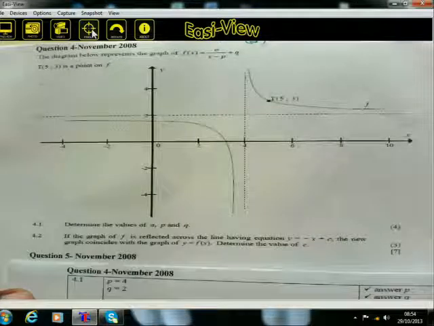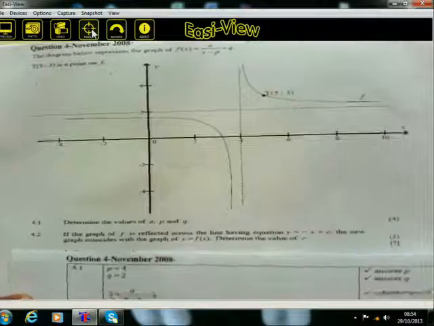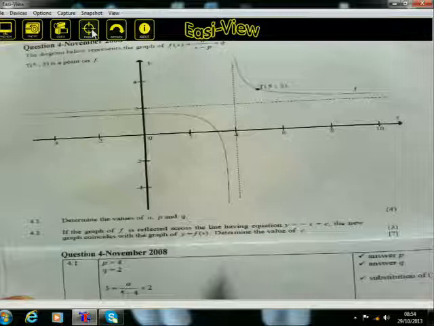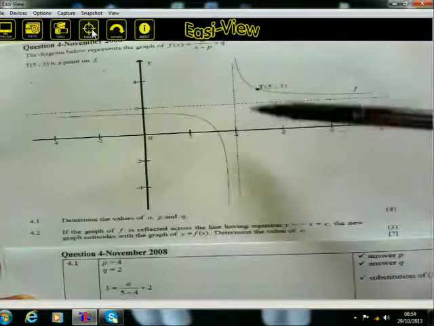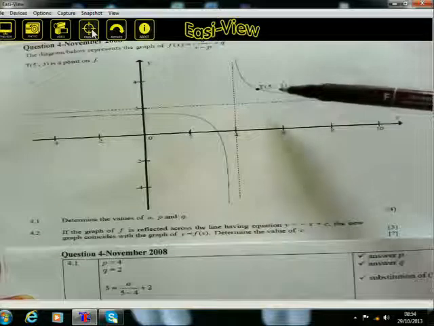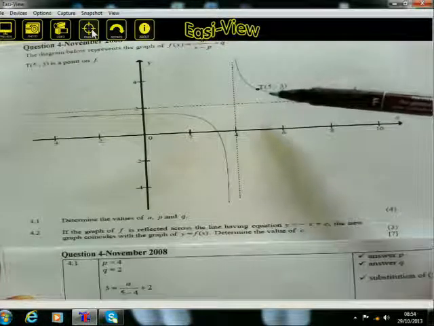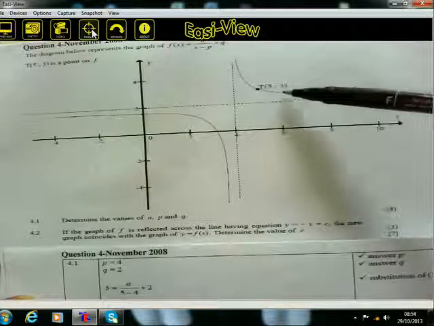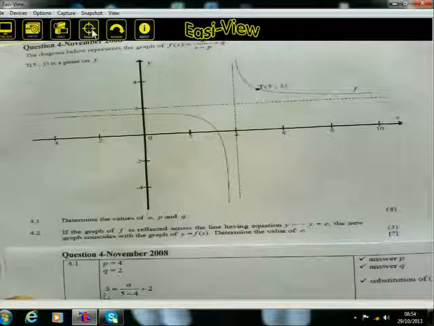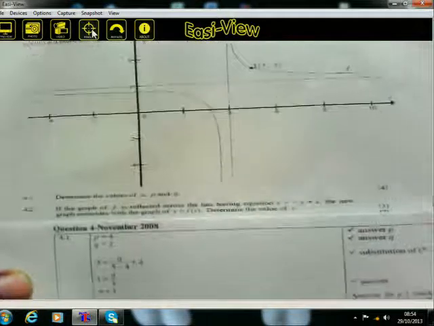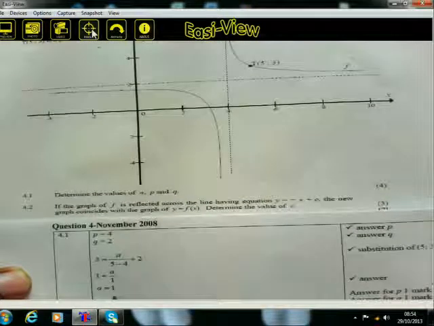Now to get the value of A, we substitute any point on the graph. In this case, we are given point T. When x is 5, y is 3. So we substitute that point, and then we calculate the value of A. And our A is 1.